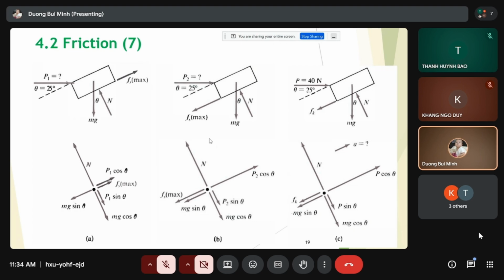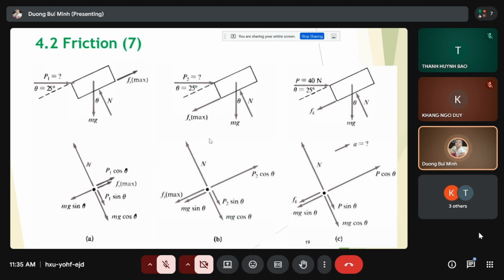Okay, boundary. So here, of course, we hope we can get the upward moving direction. But we need the magnitude of force to be less than Fs. Why? Because if it is higher than Fs, the object starts to move.